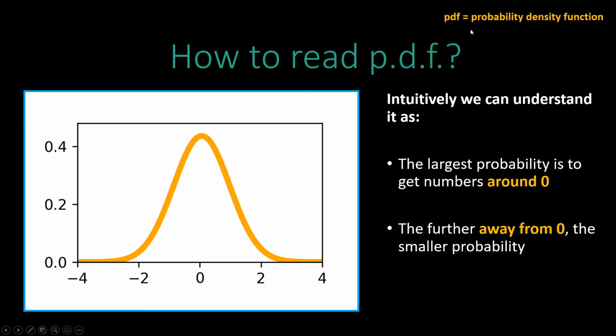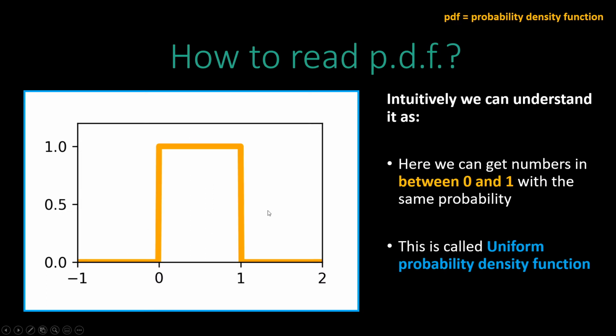Okay, so we talked about probability density functions. They don't have to be fixed to just the Gaussian, the normal function; there are different types. For example, this one is called the uniform probability density function.